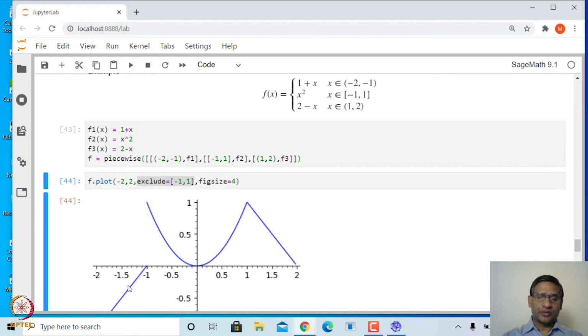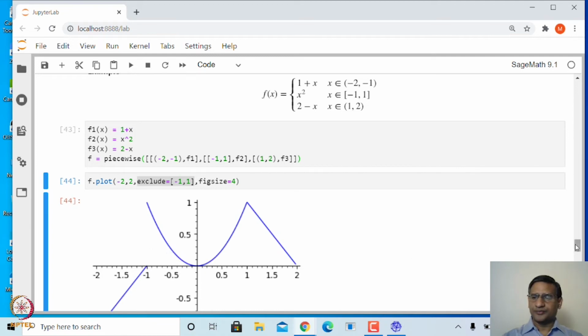In this case you have to apply limit to f1 and f2. For example, if you want to find the left hand limit at x equal to minus 1, you have to find the left hand limit of f1. Similarly, you have to find the right hand limit of f2, and then see whether they are equal. Okay.